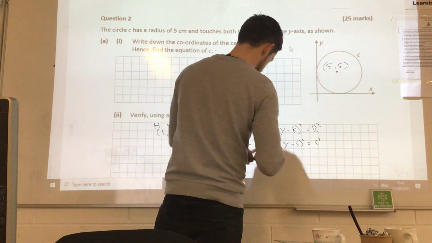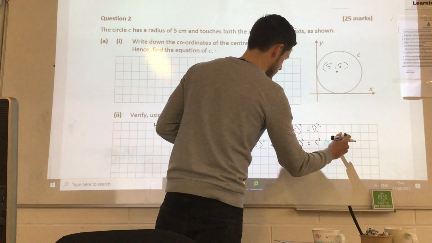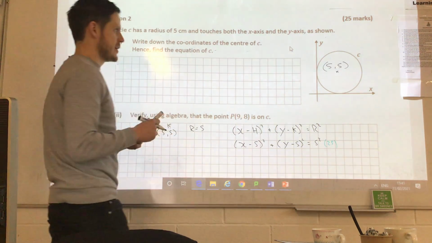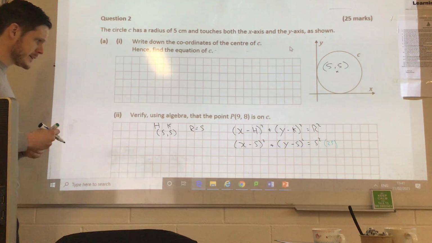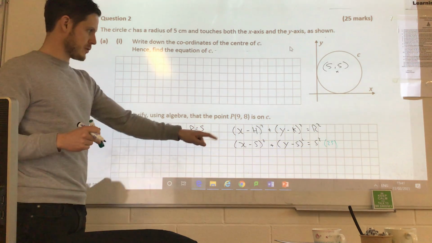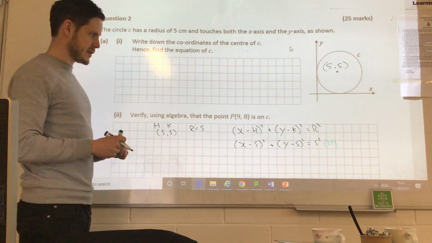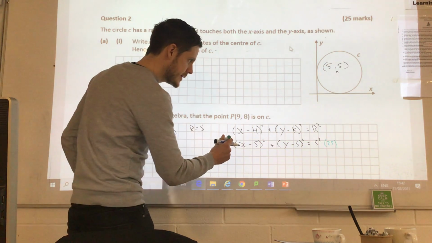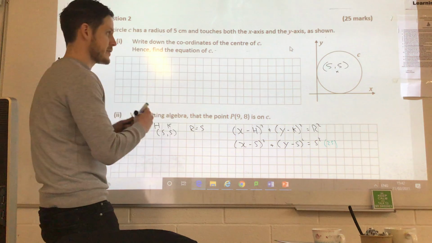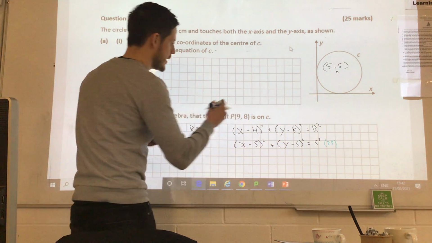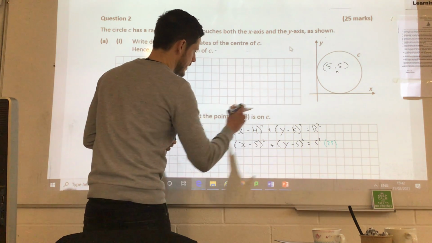And 5 squared gives me 25. So in order to figure out if a point lies on this circle here, all I do is for x and for y, I sub in, sorry, not 5 and 5, my points are 9 and 8.